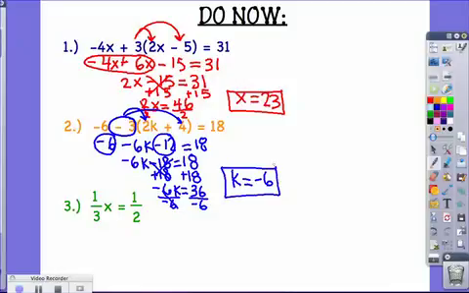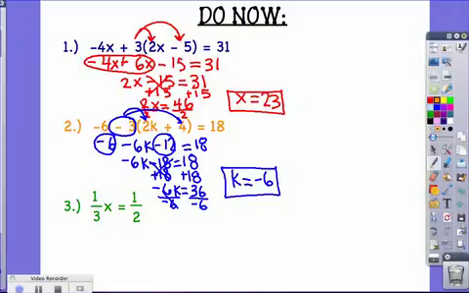Number 3, 1/3 x equals 1/2. Well, 1/3 is being multiplied by x in this question. So the inverse operation would be to divide both sides by 1/3. When we divide by a fraction, we can multiply by the reciprocal.